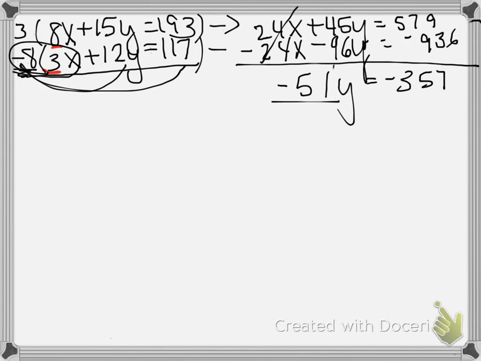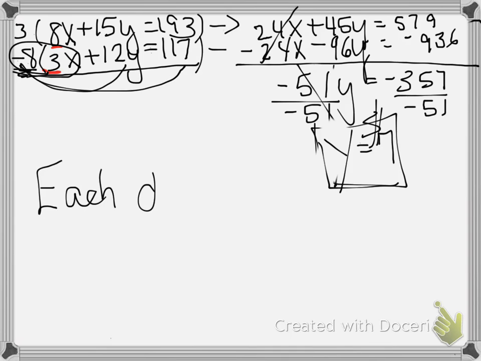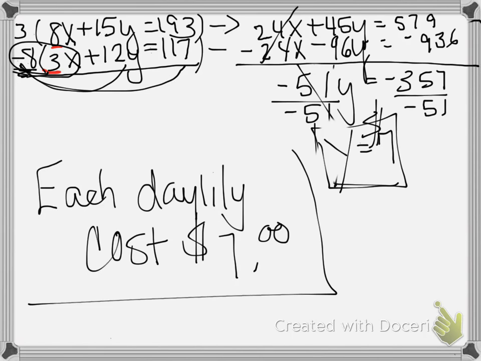And then when I divide by a negative 51 on both sides, y equals 7. So already I know for y, we already decided that y was going to be the cost of the daylilies. So each daylily cost $7. And I have my answer.